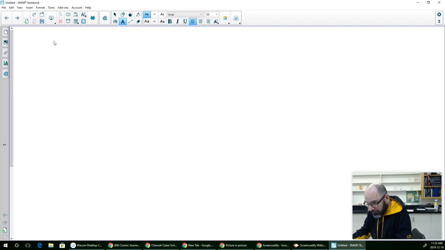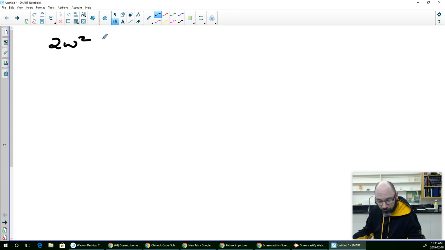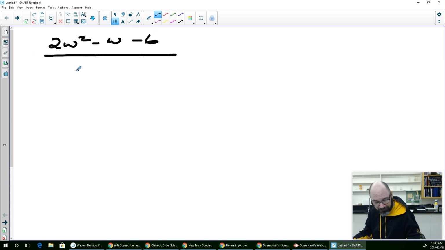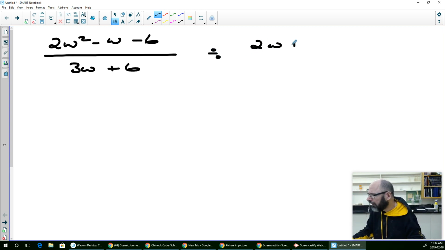We've got 2w squared minus w minus 6, so that's a decomposition one, over 3w plus 6, and then we're going to divide by 2w plus 3 over w plus 2.